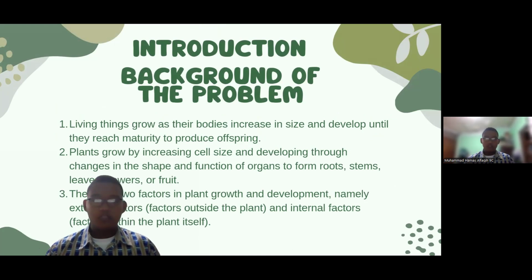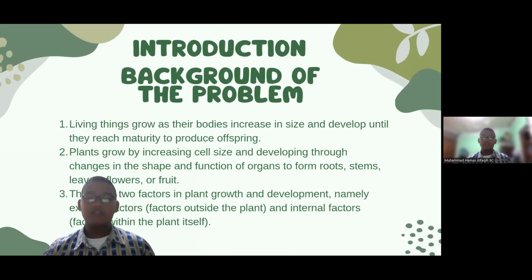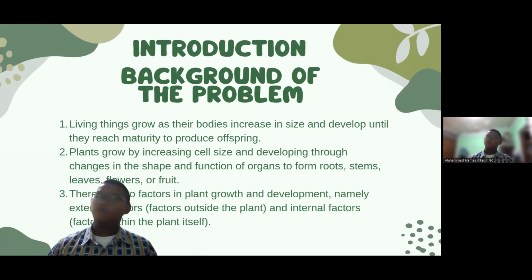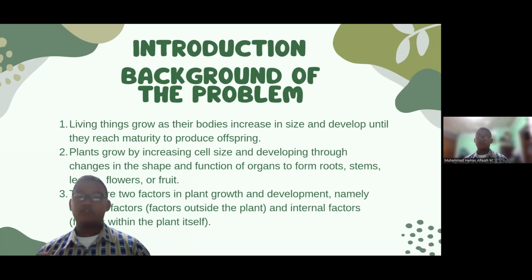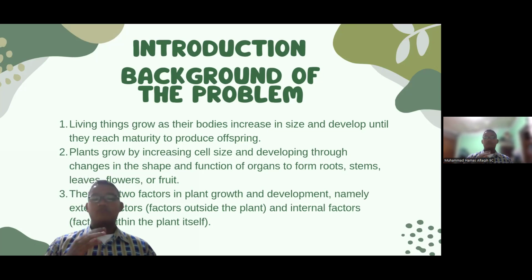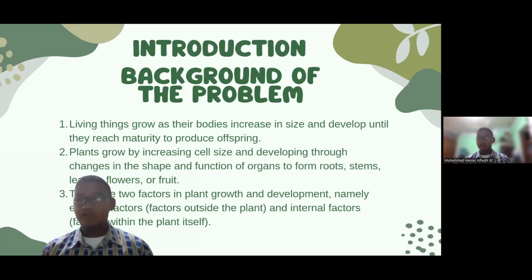And the second one, plants grow by increasing cell size and developing through changes in the shape and function of organs to form roots, stems, leaves, flowers, or root. And last one, there are two factors in plant growth and development, namely external factor, or the factor outside the plant, and the internal factor, or factor within the plant itself.